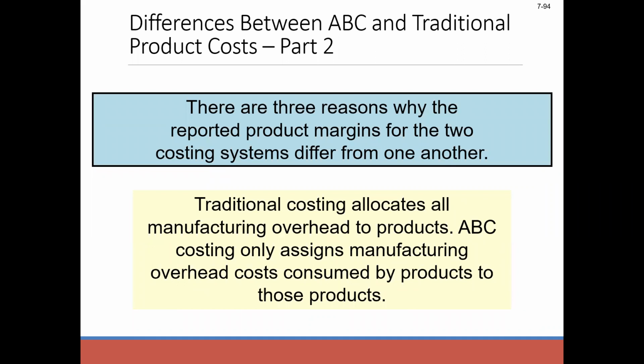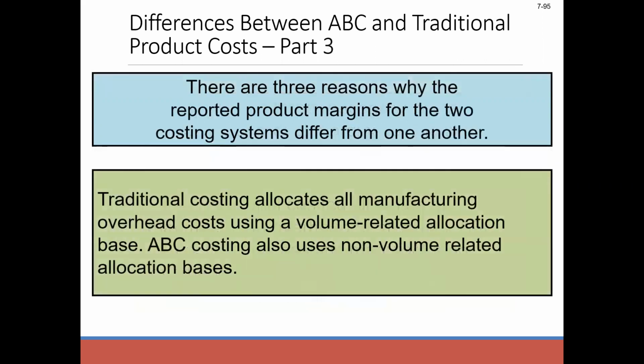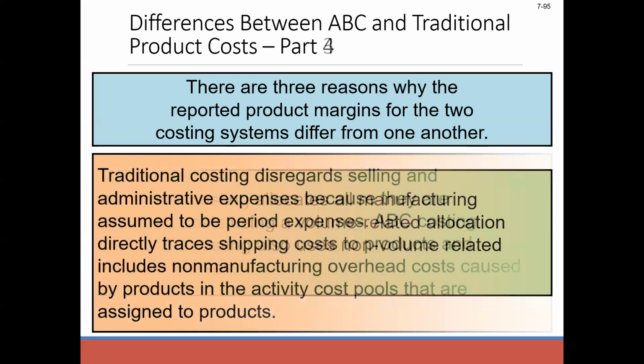Traditional costing allocates all manufacturing overhead to products. ABC costing only assigns manufacturing costs consumed by products to those products. Traditional costing allocates all manufacturing overhead using volume-related allocation, but ABC uses non-volume related allocation basis.